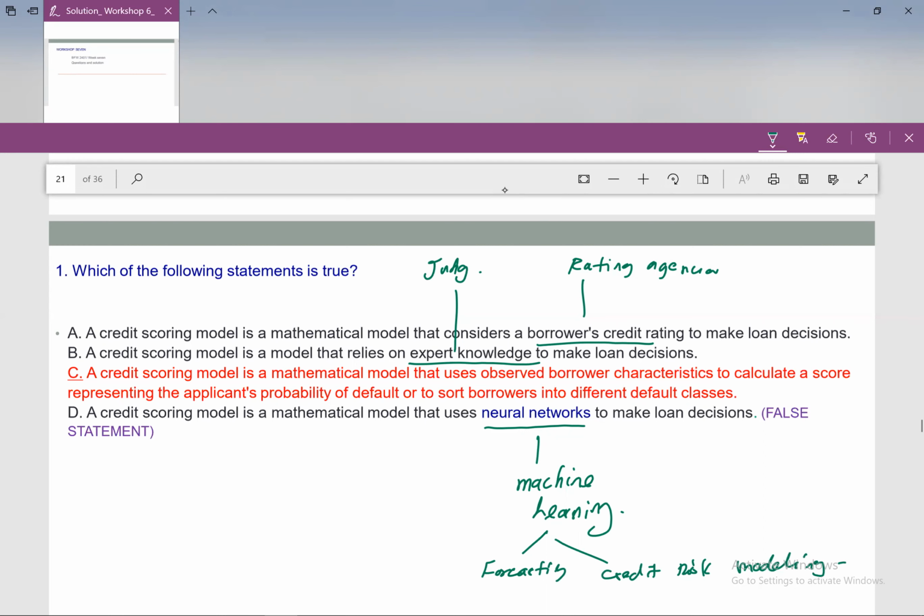We will take the defaulting people, as I told you, and we will use a regression. For example, we will regress Y against X1, X2, and so on until we reach the error. If you know about regressions, you will know about it later on.